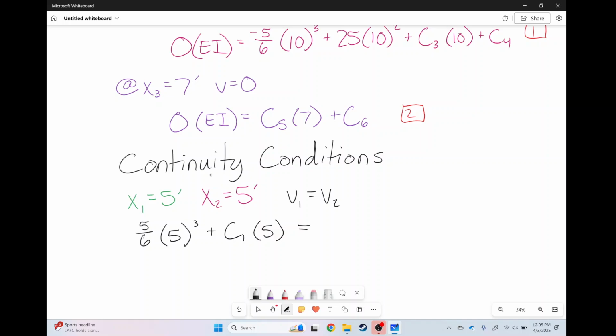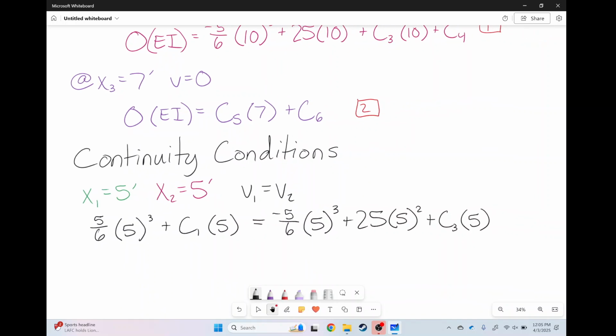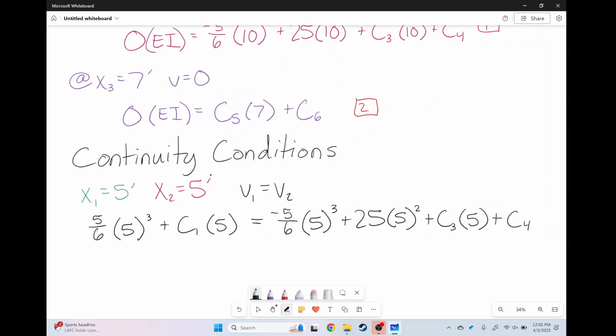And this is going to equal our deflection 2 equation: minus 5 divided by 6 times x, which was 5 cubed, plus 25 times x squared, plus c3 times x, plus c4. I've got a C1, a C3, and a C4 all in this.